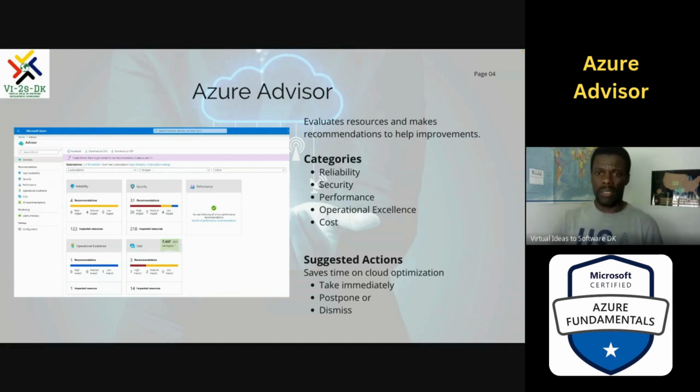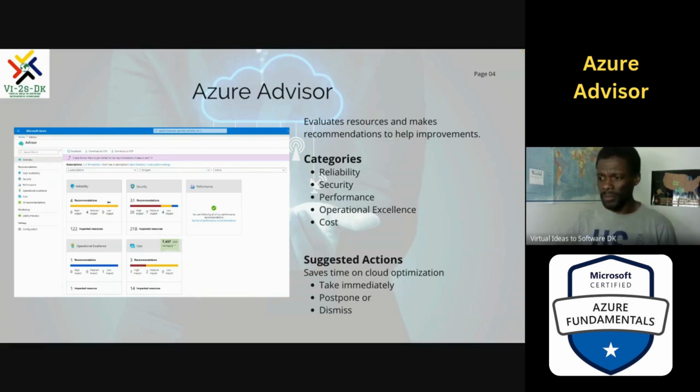Well, I don't want to say hints, but recommendations is a better term. For instance, things that would help you to be more reliable. Let's say, maybe you want to back up your data, or maybe you want to set up some kind of redundancy. And then with security as well, it will probably encourage you to grant permissions not to a specific user, but to a role, and then add the user to that role, and so on. And your performance as well.